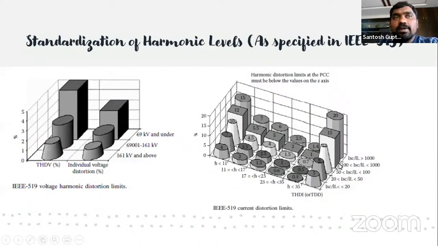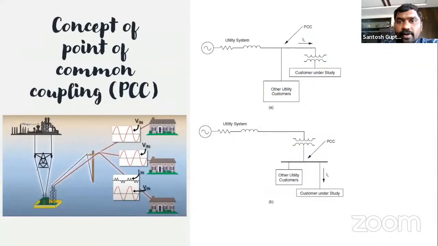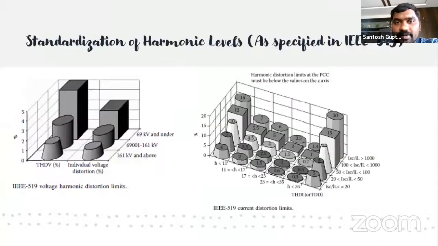So we need to maintain our harmonics below the limits specified by IEEE 519. These are the voltage and current limits we have to maintain.